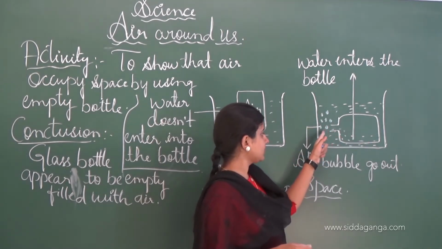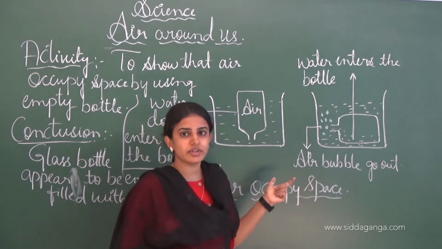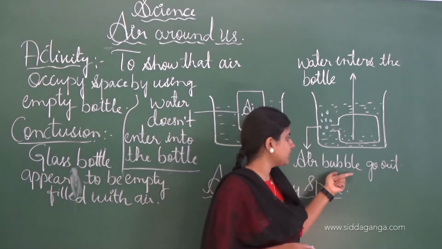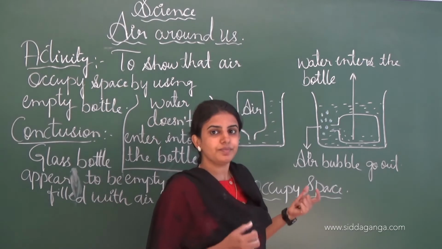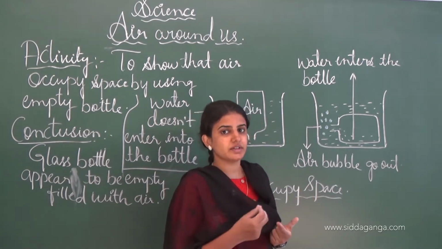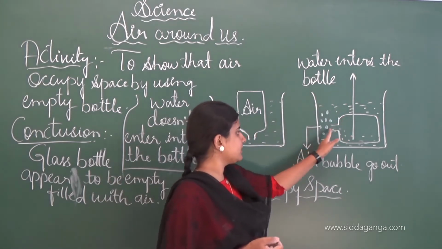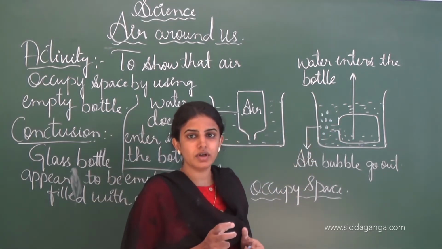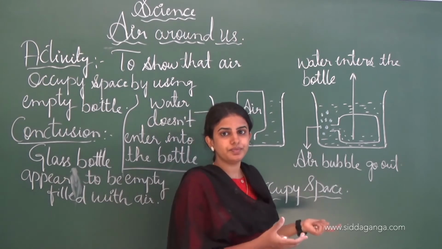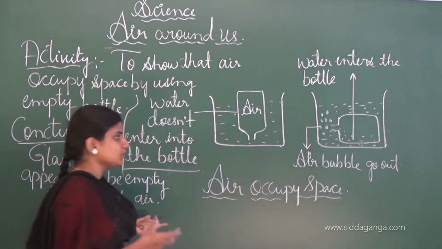The dotted structure which I have drawn is nothing but the air bubbles which go out when the water enters the bottle, and the air escapes through to the atmosphere.